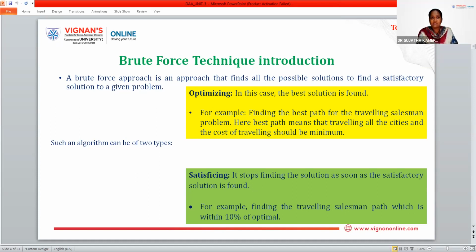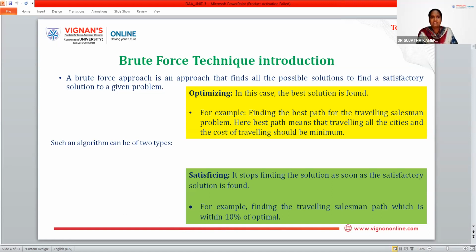To find the best solution, it may either find all the possible solutions, or if the value of the best solution is known, it stops finding when the best solution is found. So for example, finding the best path for the traveling salesperson problem. Here, best path means that traveling all the cities and the cost of traveling should be minimum.